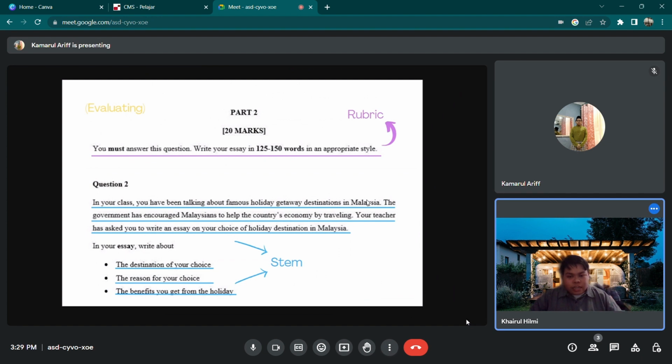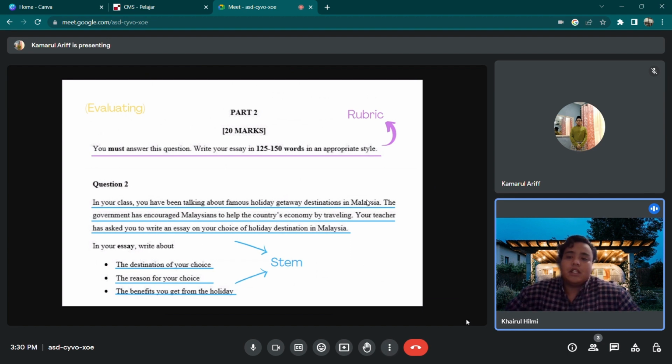Okay, so this is part 2. I will pass to my friend. Okay, so part 2 is my responsibility, where I use the learning standard evaluating for this part. In the purple line, as you can see, is a rubric which requires students to write only 125 to 150 words in appropriate style.